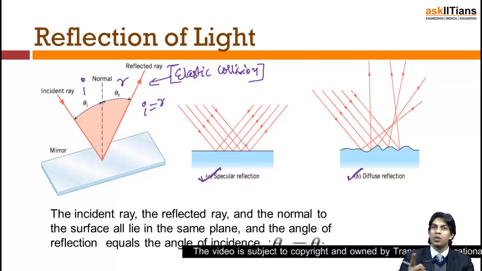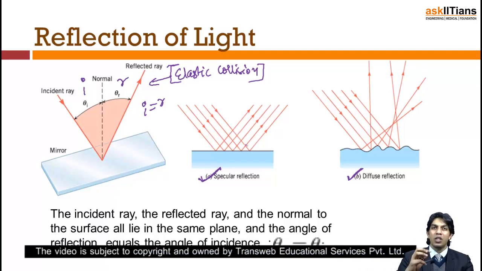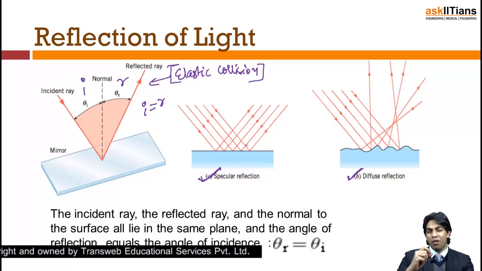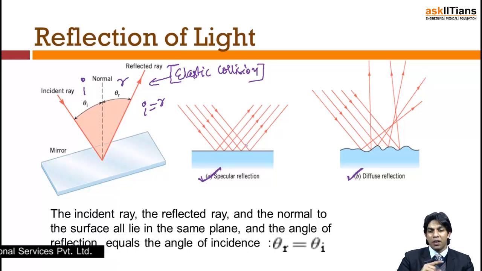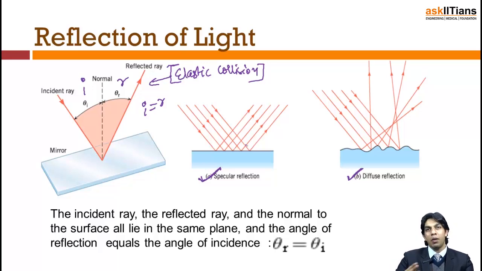So the different objects which we are able to see around us are visible only because of diffuse reflection. If it's specular reflection, the object will simply look like a big shiny silvery thing. I won't be able to figure out its shape or size or texture, whereas in the case of diffuse reflection, I will be able to do so. So these are the two types of reflection.